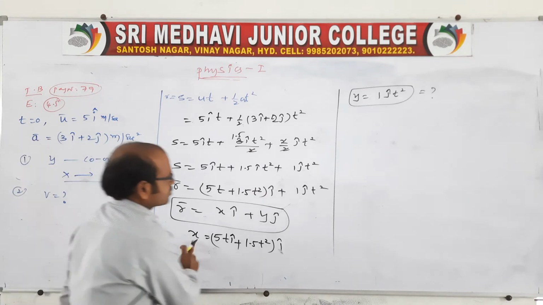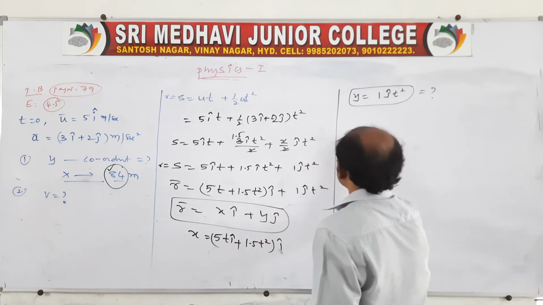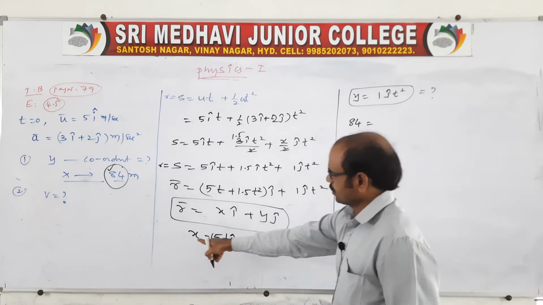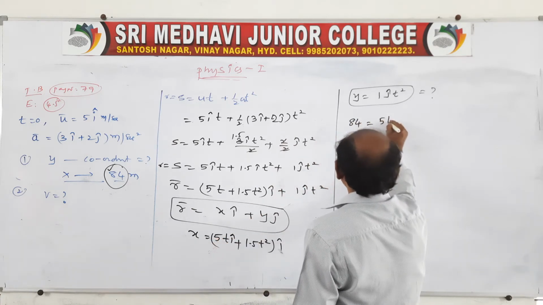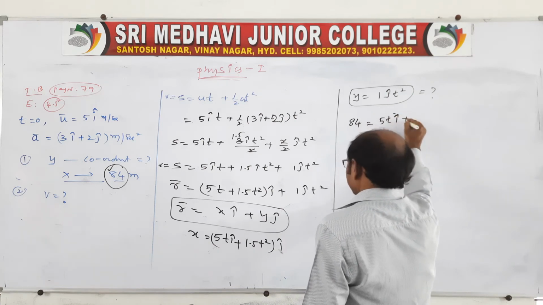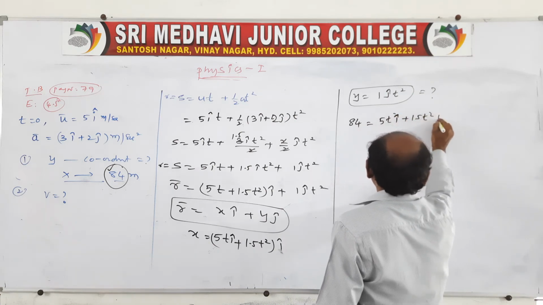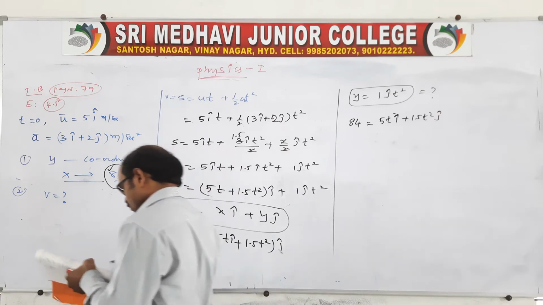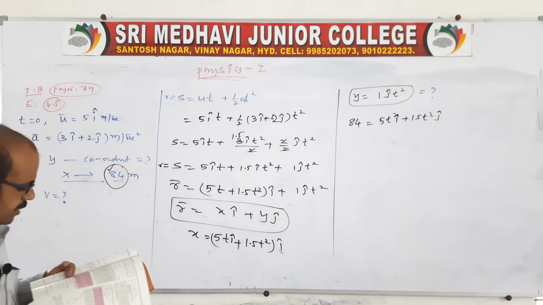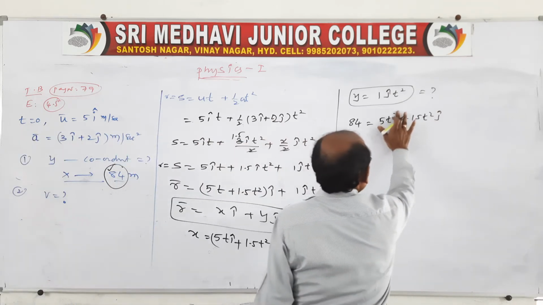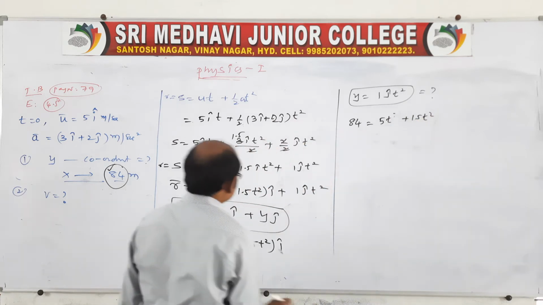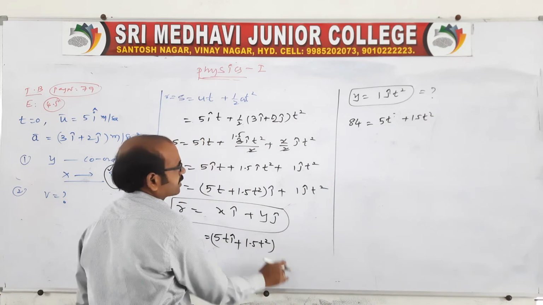Suppose now I am substituting the x value that is given as 84 is equal to 5t plus 1.5 t square. Okay, this is the coordinates. Here the i cap is not required because the coordinate we can directly take.